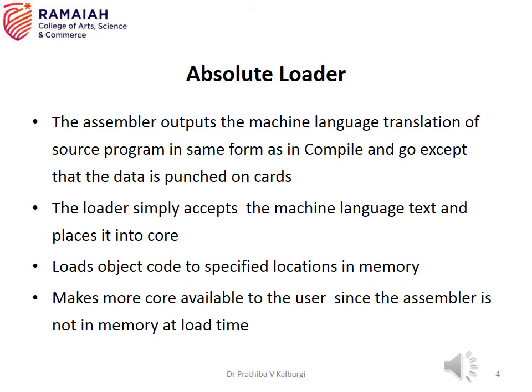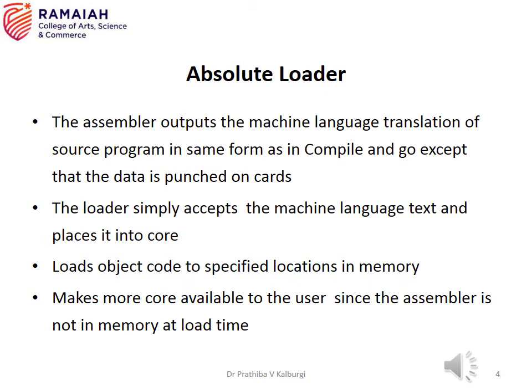The resolution of external references or the linking of different subroutines are issues which are to be handled by the programmer. The loader, in turn, simply accepts the machine language text and places it into the core at the location prescribed by the assembler.